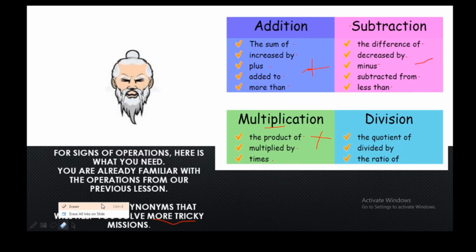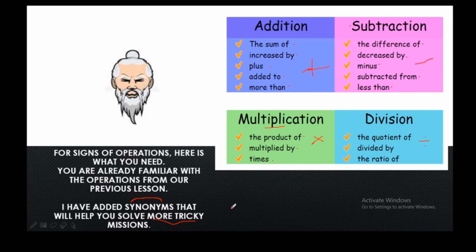Then finally, if you see the quotient of, divided by, or the ratio of, this is where we introduce our division sign. So these are the 4 basic signs of operations. Sensei has added more synonyms that will help us solve more tricky missions. Don't forget, missions are not easy tasks, but with Sensei's help, we'll tackle them.